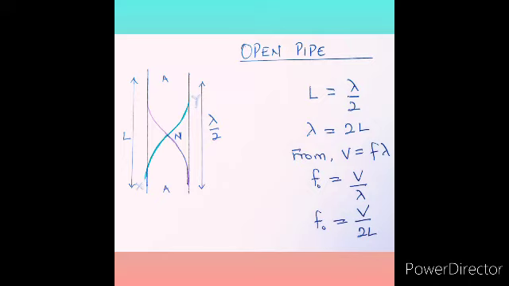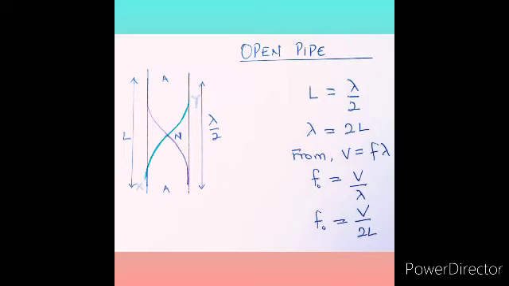For the open pipe, both ends of the pipe are open, as you can see in the diagram, and it is characterized by an antinode at both ends, and you have a node in between. So this gives us the fundamental note for an open pipe. Now, if you look at the diagram also, the length of the vibration in the open pipe is equal to L, as you can see on your left.